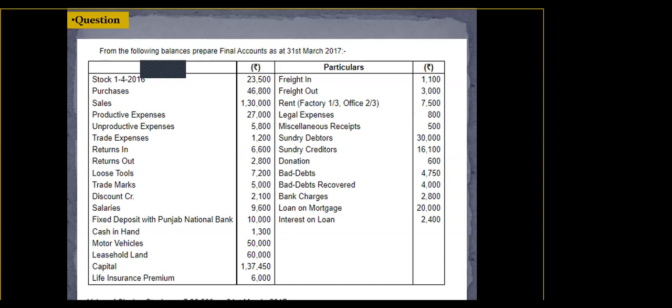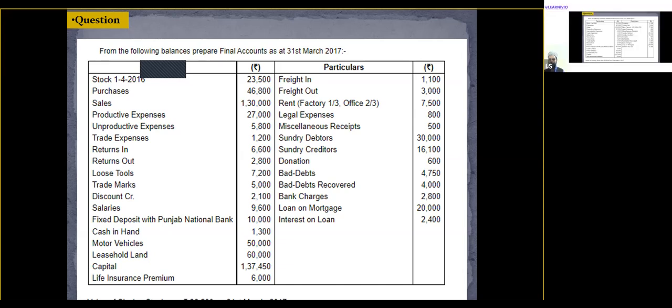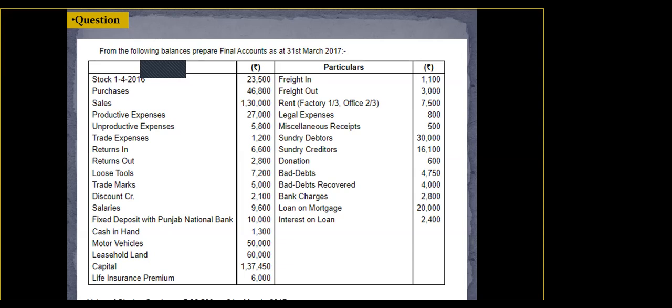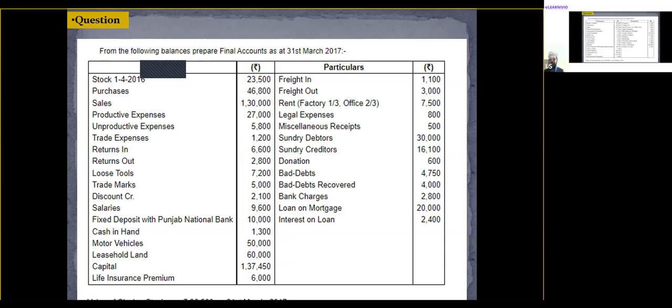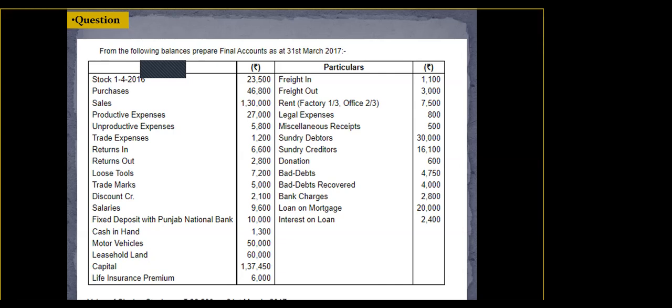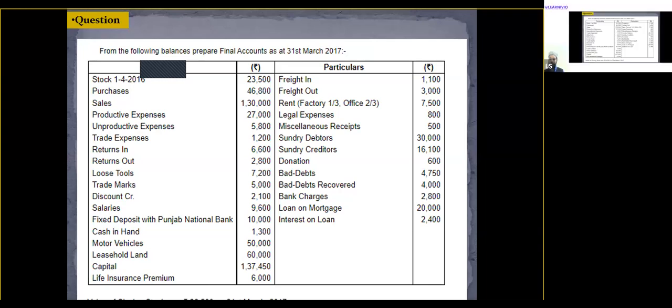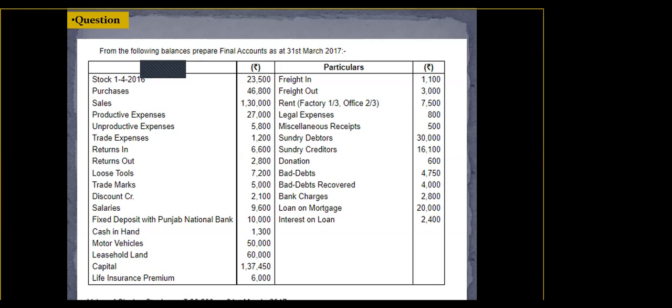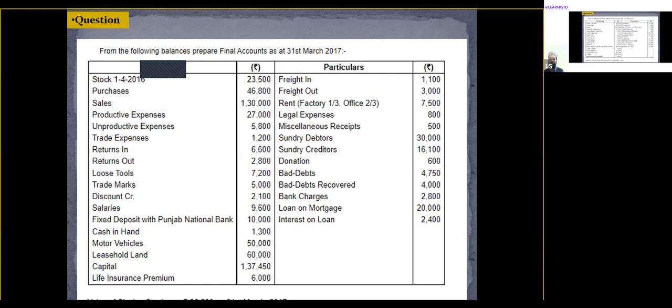Okay, Alexander, are you able to find the purchase return? Yes, sir. Purchase return is given in the question by the name of return outward. Return out is 2,800 given in the question, right, Hamad? Are you able to locate it? Are you able to see returns outward in the question?